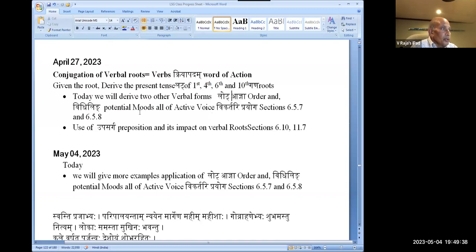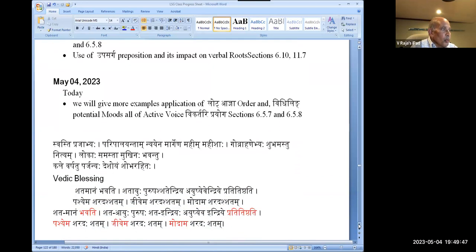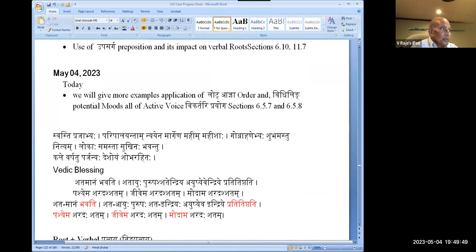And then we also went through these upasargas added to the roots. And I gave a bunch of slokas. One is the Sahana Vavatu, grammar for each, detailed grammar, and also another is common blessing, prayer.